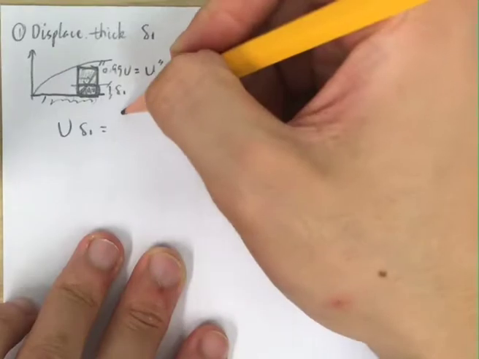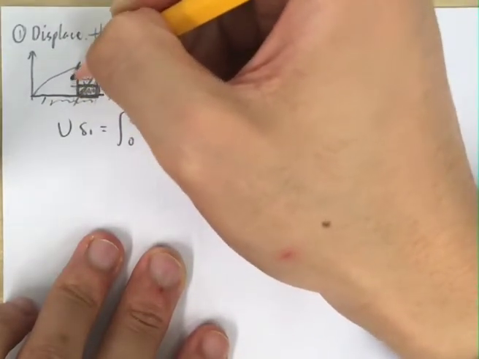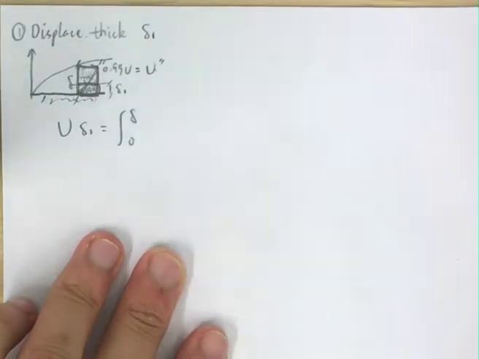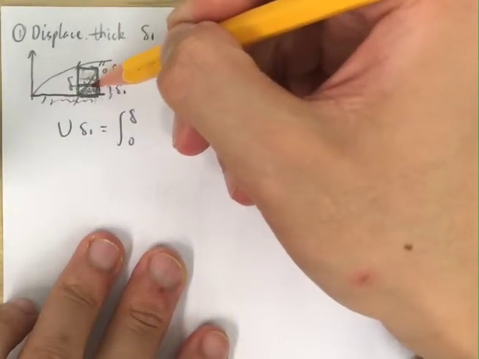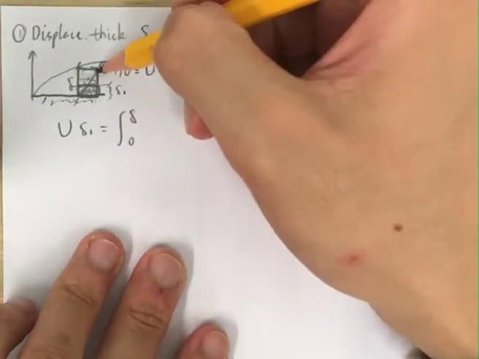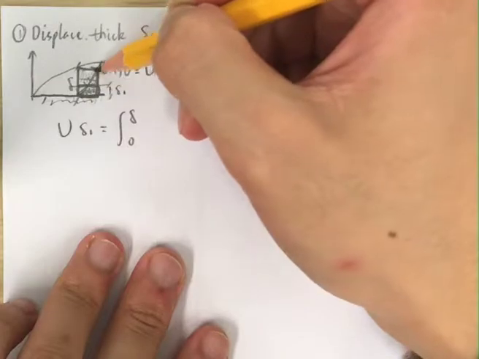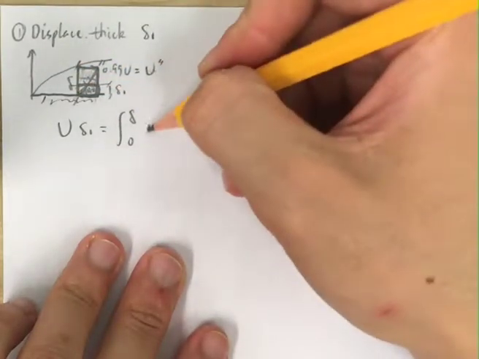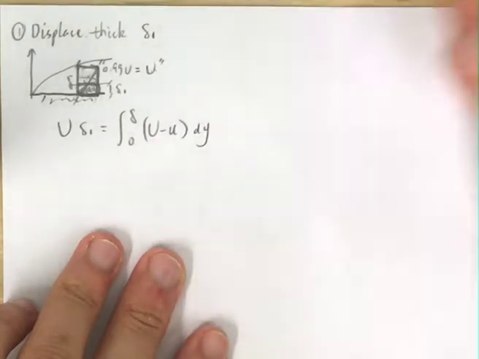U times delta 1 should equal the area of this thing. This thing is from 0 to delta, where delta is the thickness of the boundary layer. To calculate the difference here, we need to use the capital U to subtract the real u, capital U minus u, and we integrate that.